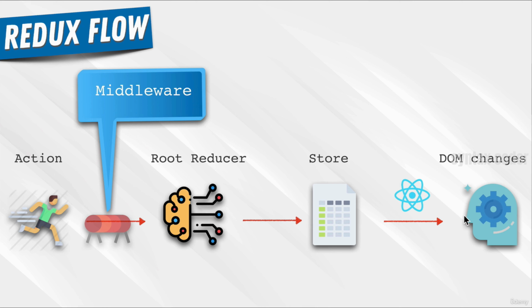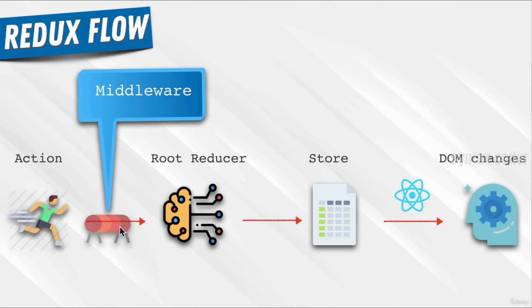Along the way of these actions occurring, before it ever even hits the root reducer, it can hit something in the middle called a middleware. And all a middleware is, is a piece of code that gets the action before the root reducer. What that middleware does with the actual action is entirely up to the middleware, but that's all it is. They're just something that receives these action objects before they reach the root reducer.